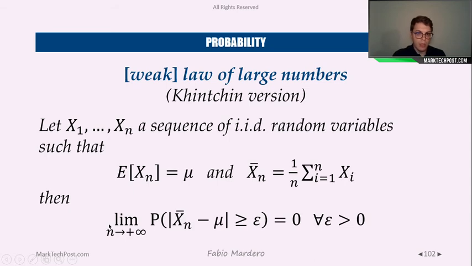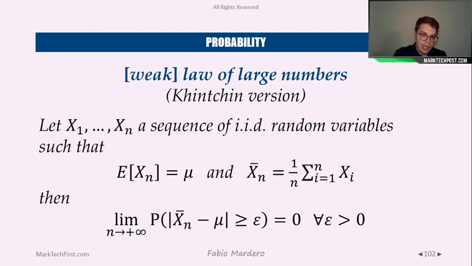So the theorem is here, the law of large numbers says that the average converges in probability to the mean, which means that if we take the limit of n to infinity, the probability that the distance between the average here and the expected value is greater than a generic epsilon is equal to 0.